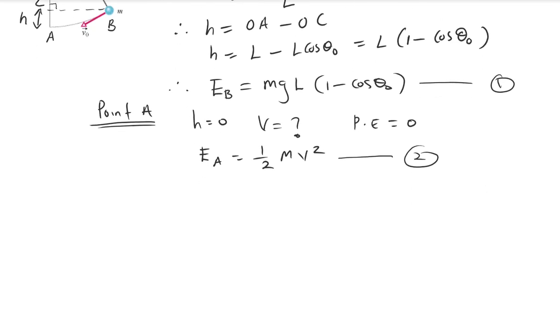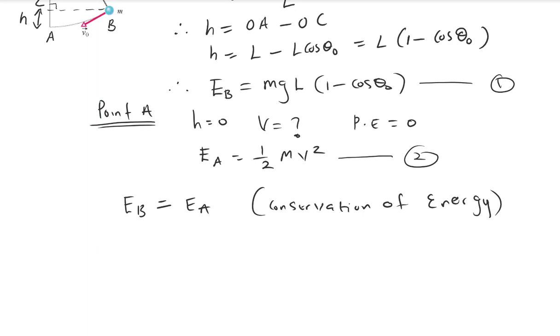The law of conservation of energy says energy at B is equal to energy at A. Energy is neither created nor destroyed. It is only transformed from one form to the other.